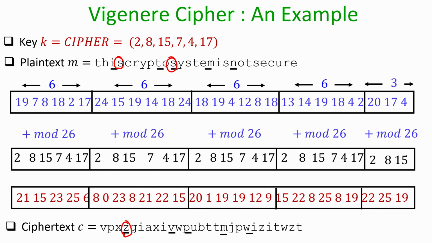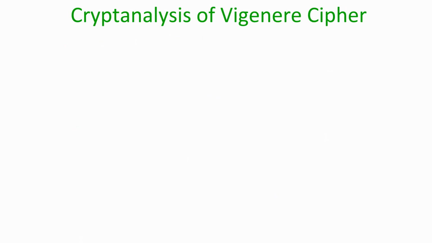The amount of shift will not be the same across all the instances of the letter S, because that depends upon the position of the letter S as well as the value of the key character used for shifting that instance of S. As a result, we are disturbing the pattern between the plain text and the ciphertext characters. That means we can no longer say that the most frequently occurring ciphertext character corresponds to the most frequently occurring plain text character and so on.